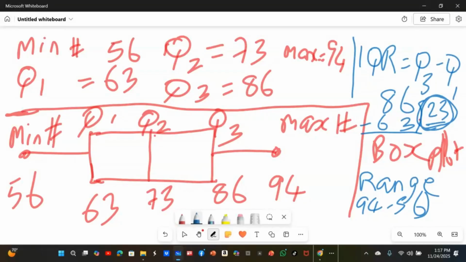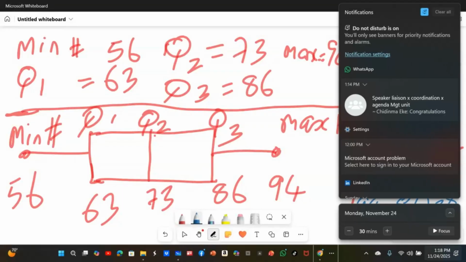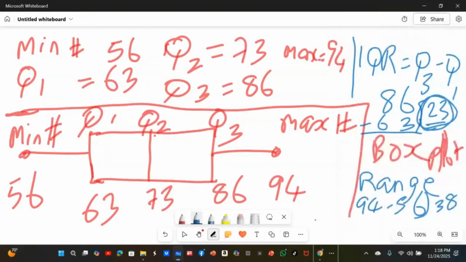So we have 38. Therefore, the range is 38. The range is 38. The interquartile range is 23. I hope you remember that the range is not the same as the interquartile range. Okay, so we have answered the question about Professor Dung's first test.